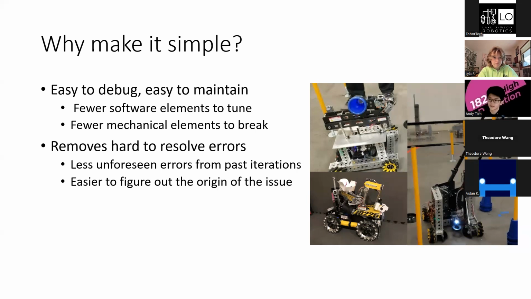And keep in mind, because the goal is to create a software integrated robot, this means that you are going to have both software and hardware issues. So you need to be able to quickly differentiate between whether it's a software or a hardware issue in order to quickly debug. Now, if things were more complicated, it might seem like a mix of both, which I'll talk about later, which was definitely an error that we made going into the past season.